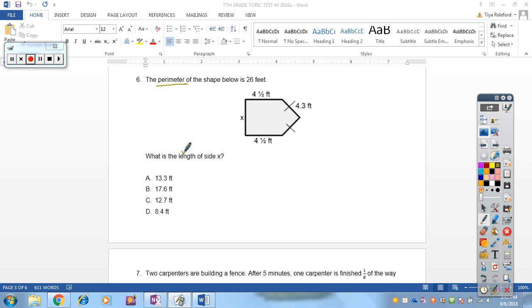During your test, you just had to remember. In class, you can always use a dictionary, but you're really not supposed to on a test. Unless you use a bilingual dictionary, but that's only helpful if you know Spanish. And even then, I don't know how helpful it is. So if the perimeter is 26 feet, that means all these sides added together are 26 feet.